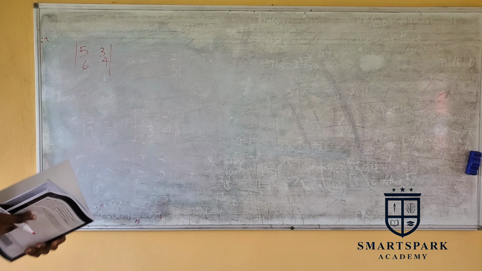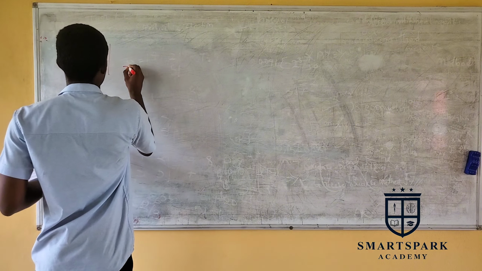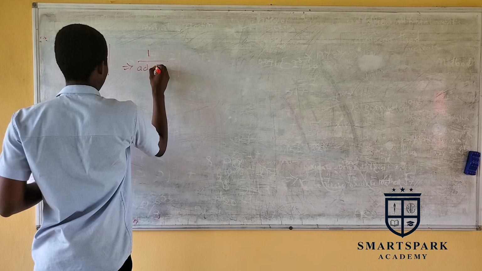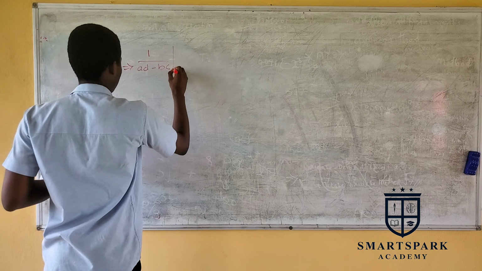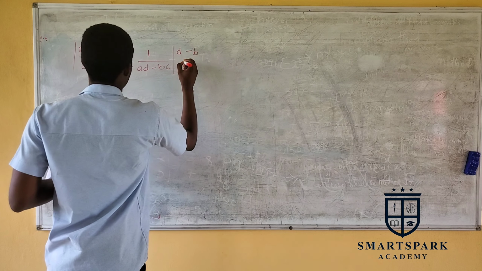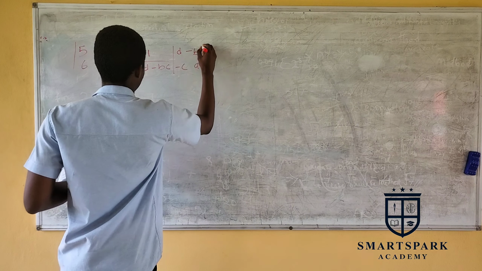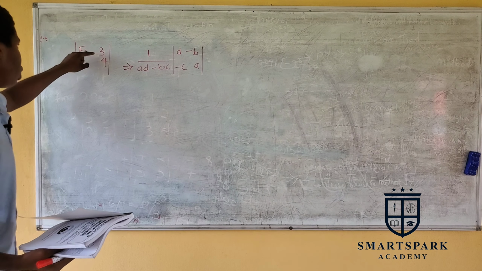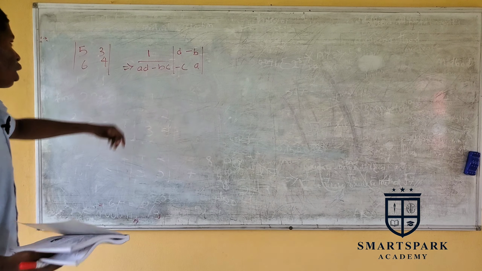Everything is represented using this formula: 1 over the determinant times the matrix D, minus B, minus C, A. So this is A, B, C, and D. We are going to multiply them.